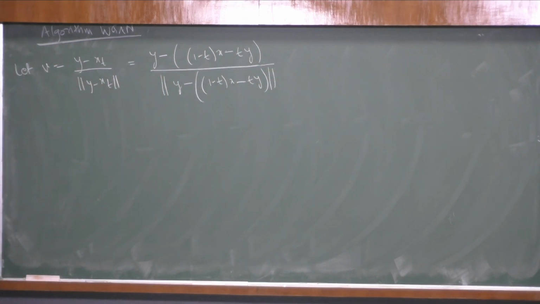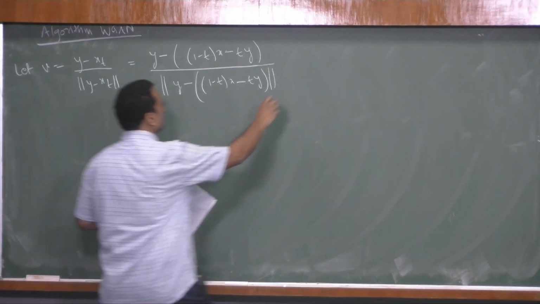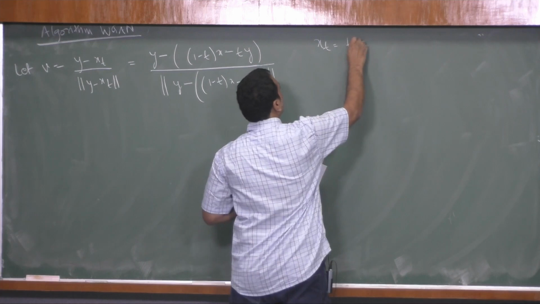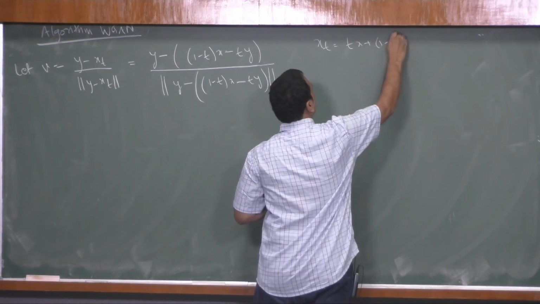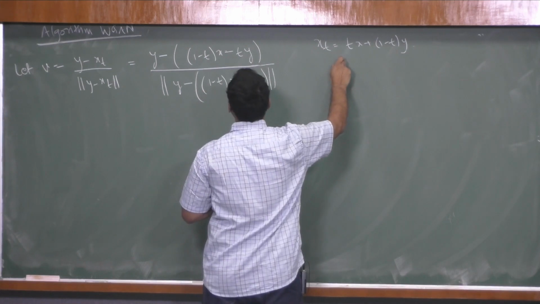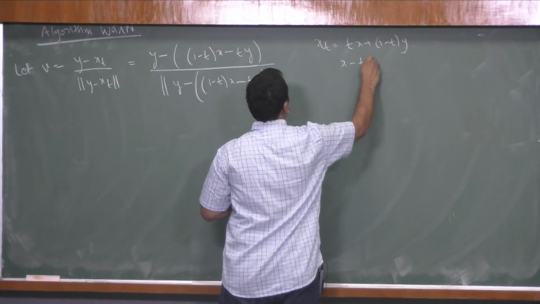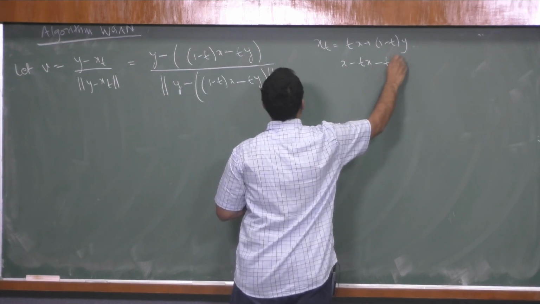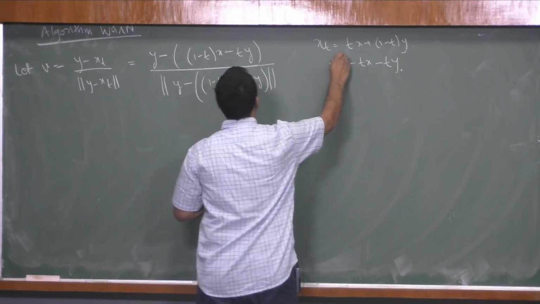So we have just substituted the xt. It was tx plus 1 minus dy. Is this the same thing? So can I write like this, right? So this is x minus tx.